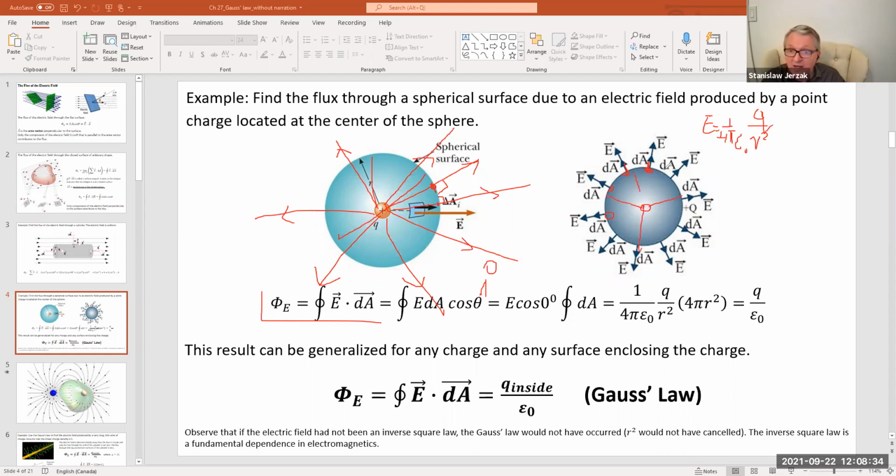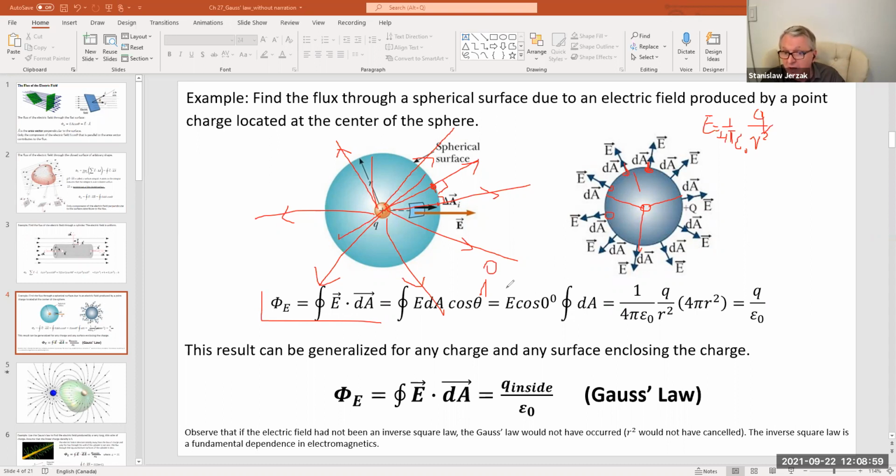So the electric field has the same magnitude at every point on this spherical surface. Because the electric field is constant in magnitude on the surface, I took it in front of the integral, and cosine of 0 is also constant because dA is always parallel to the electric field at every point on the sphere.